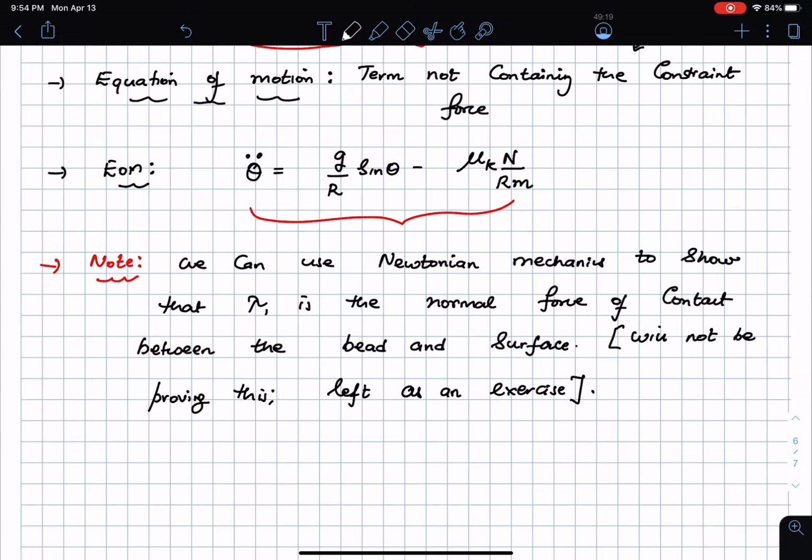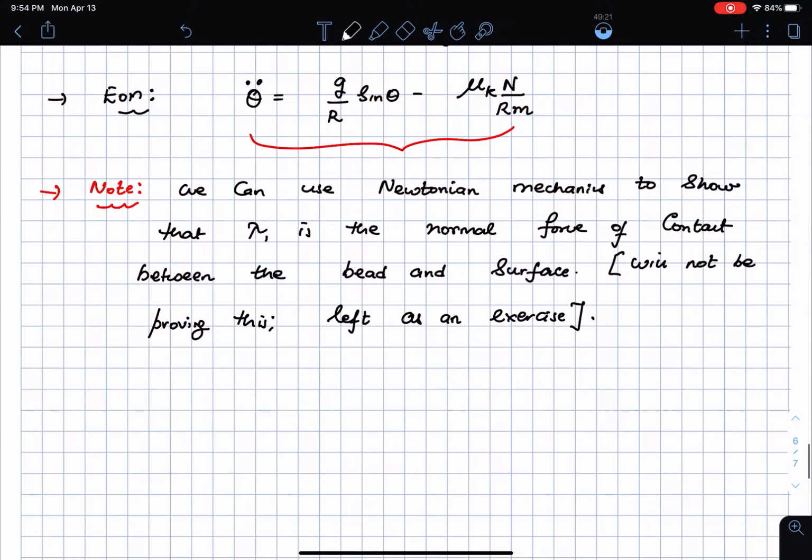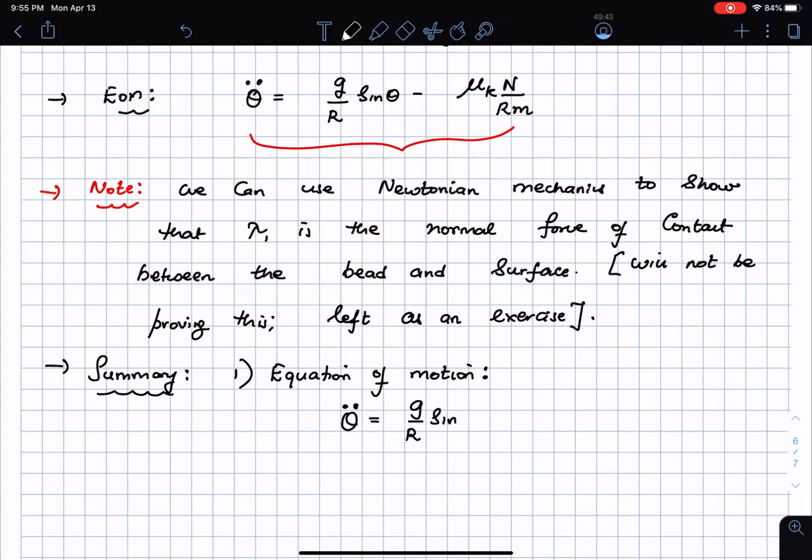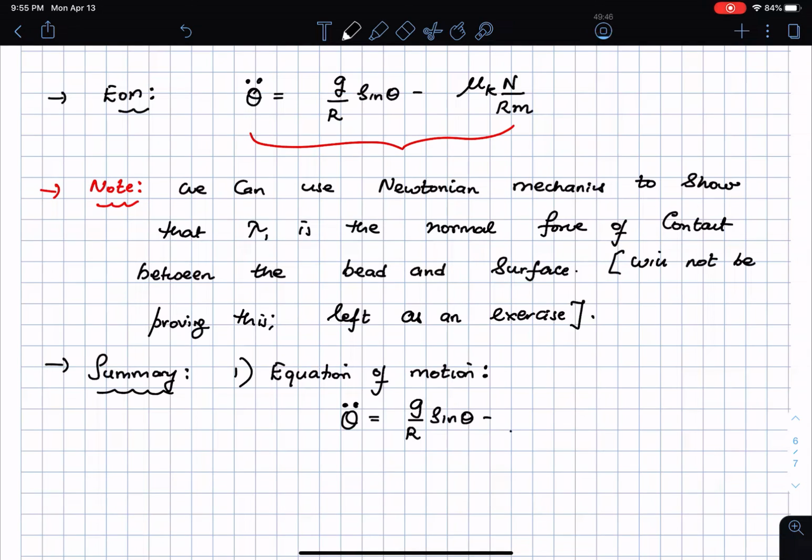Okay, so what we find out from this particular problem, in summary: the equation of motion is theta double dot is g by r sine theta, minus mu k times N by r times m.